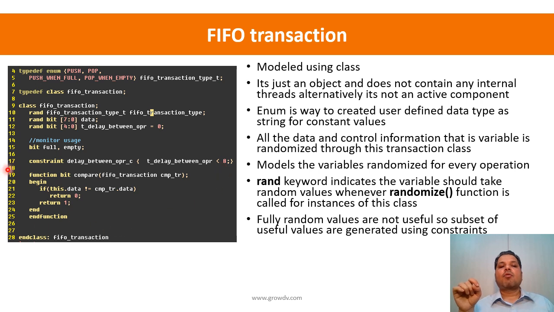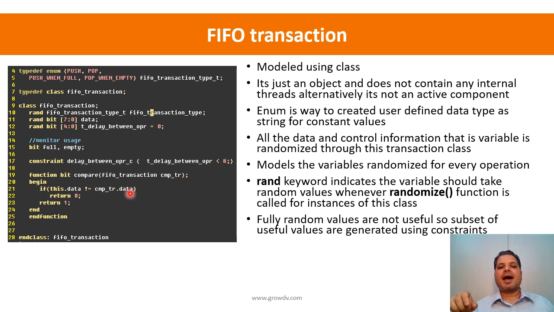And then we can provide some functionality in this object class. We are providing functionality called compare, wherein we can compare one instance of this FIFO transaction object with another instance. I am passing another instance and it is comparing the value of data present within this object to the value of data present in the argument that I have passed.